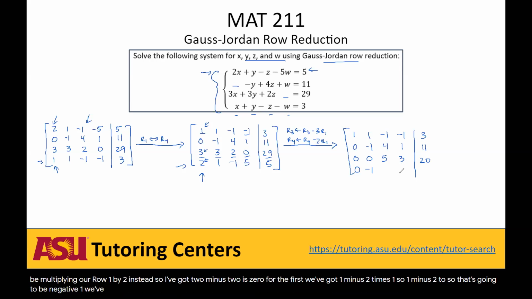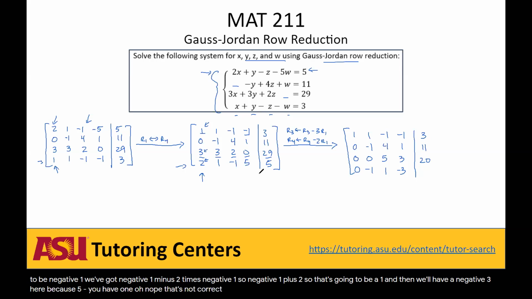We've got negative 1 minus 2 times negative 1, so negative 1 plus 2, that's going to be a 1. And then we'll have a negative 3 here because 5 minus negative 1. Oh, no, that's not correct because this was supposed to be a negative here. That's why that didn't look right.